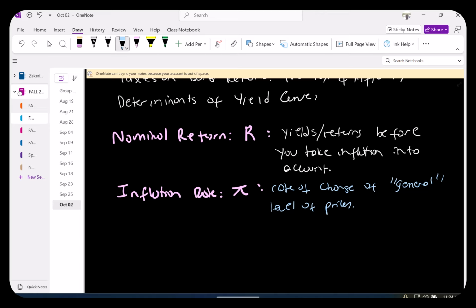Even with CPI, there are different versions. For example, there is something called core CPI. It is the basket, but you take out things like food and energy costs, because food and energy tends to be a lot more volatile. Energy, especially because of the gas prices, tends to be pretty volatile.